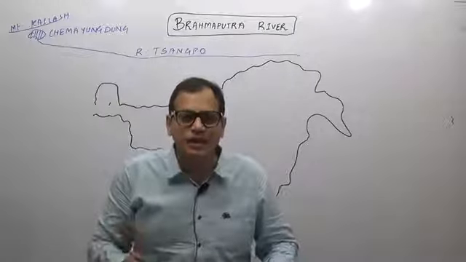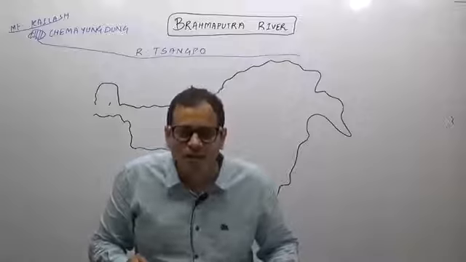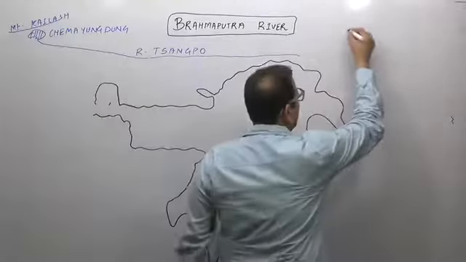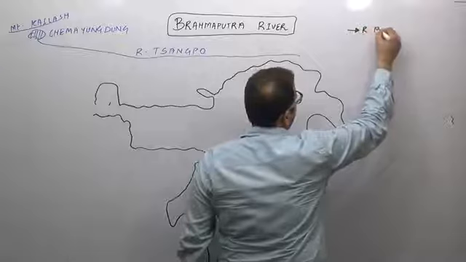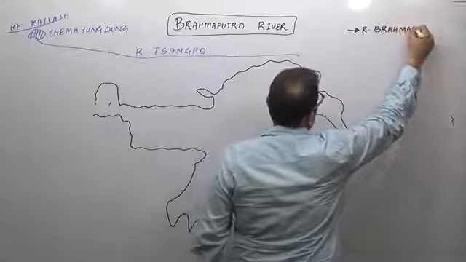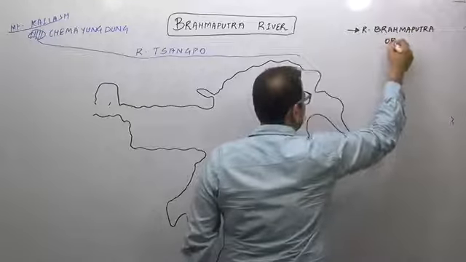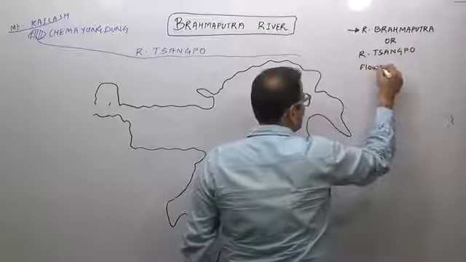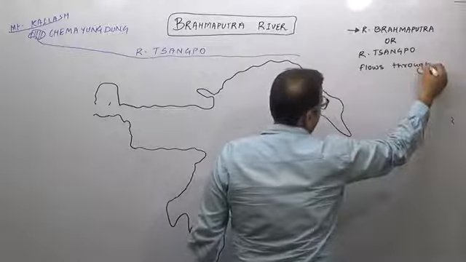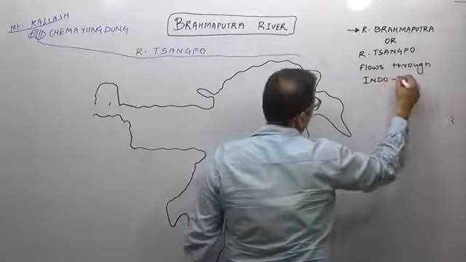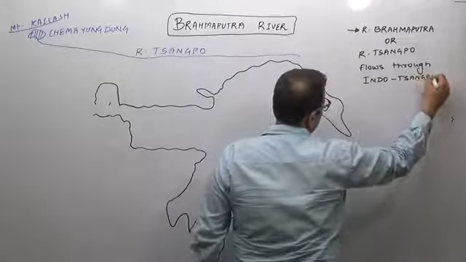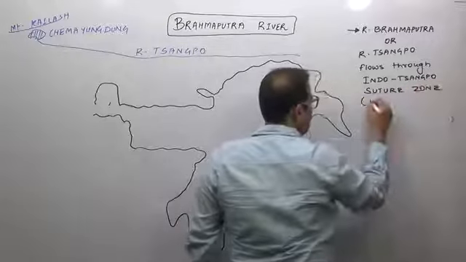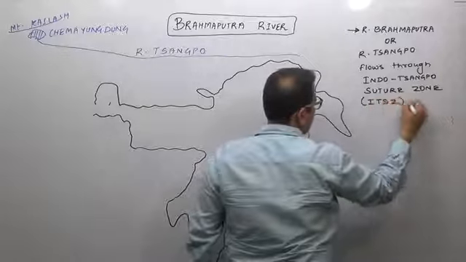In this zone between the Greater Himalayas and the Trans Himalayas, the Kailash range being a range of the Trans Himalayas, the river Brahmaputra or river Tsangpo flows through the Indus-Tsangpo suture zone or ITSZ in Tibet.